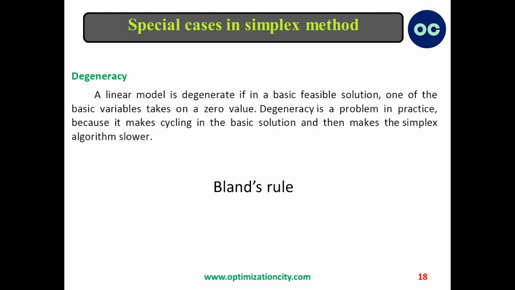Degeneracy occurs in a linear model when one basic variable takes on a value of 0 in the basic feasible solution. This can cause cycling in the basic solution and slow down the simplex method, making it inefficient in practice. So degeneracy is very important in practice. To get out of degeneracy, we can use Bland's rule.